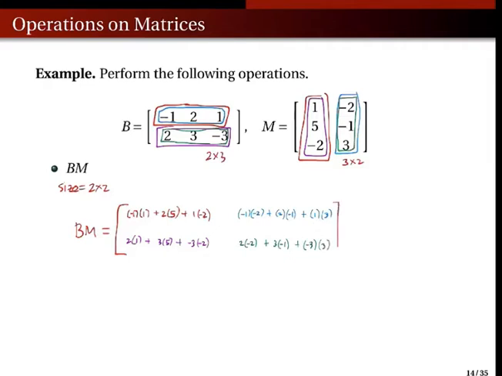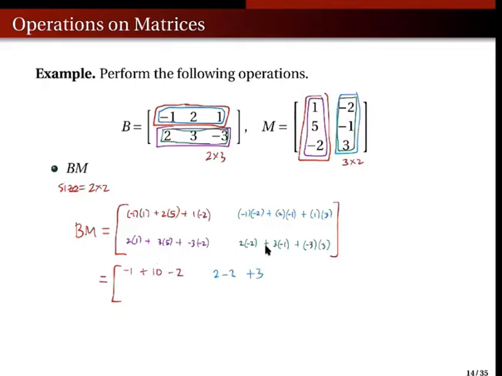Okay? And then as usual, let us write all those things. You have -1 plus 10 minus 2. Okay? And then here you have 2 minus 2 plus 3. Please check my arithmetic.